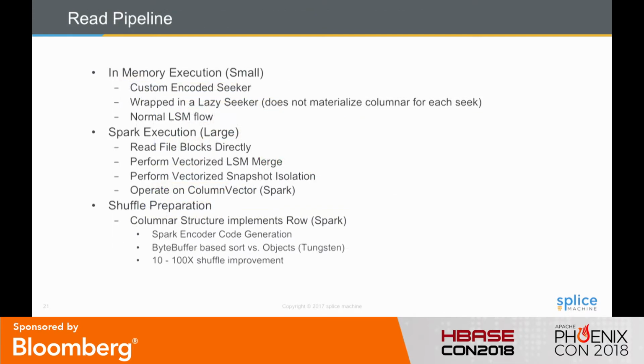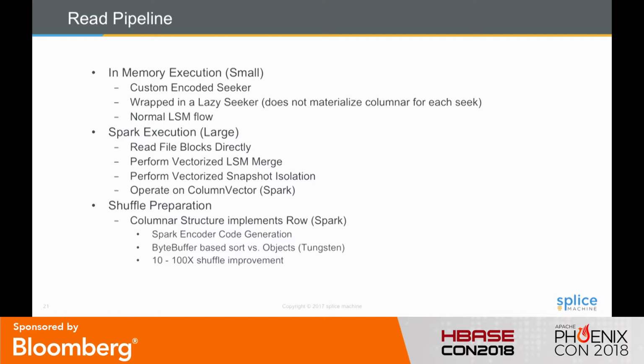Now let's talk a little bit about the read pipeline. So remember at Splice, we decided that transactional processing and analytical processing required two different strategies. They're just fundamentally different. So in the in-memory execution, where you're running a simple select of 5 rows, you have that custom encoded seeker that I showed you.